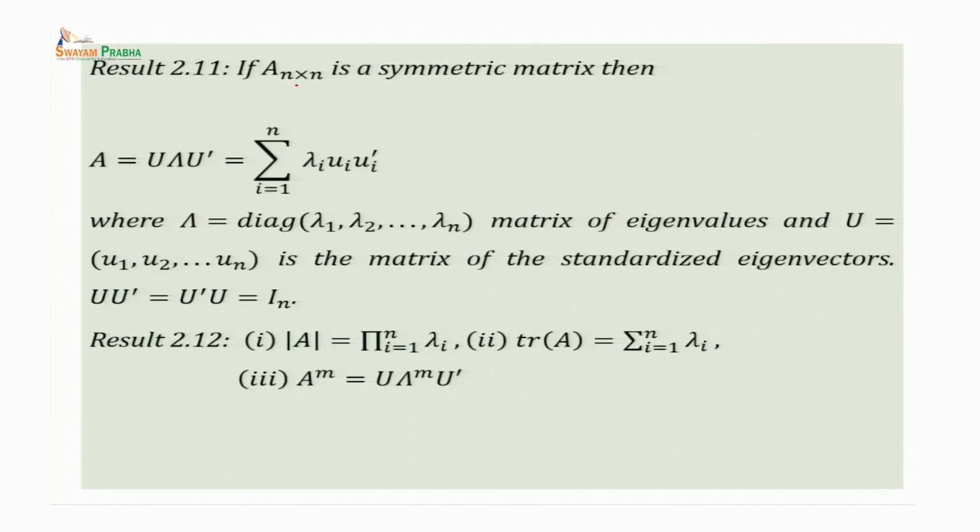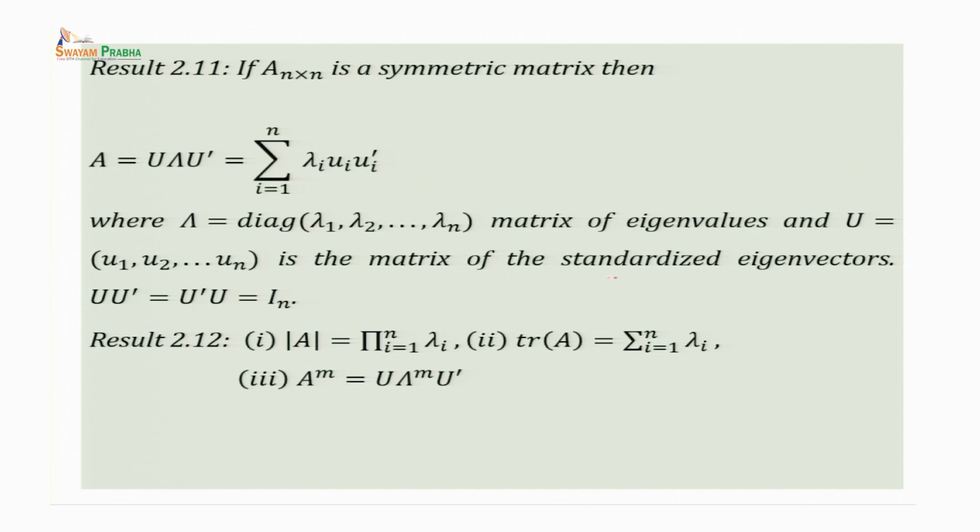Then if A is a square symmetric matrix, then you can write A equal to U lambda U transpose, equal to summation i equal to 1 to n of lambda i u i u i transpose, where lambda is the diagonal matrix with diagonal elements lambda 1, lambda 2, ..., lambda n, the eigenvalues of A, and U is equal to [u1 u2 ... un].